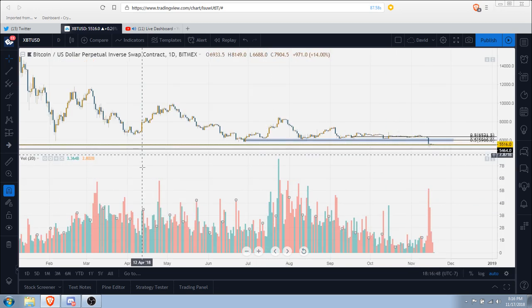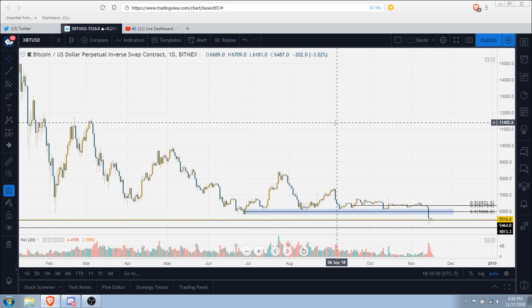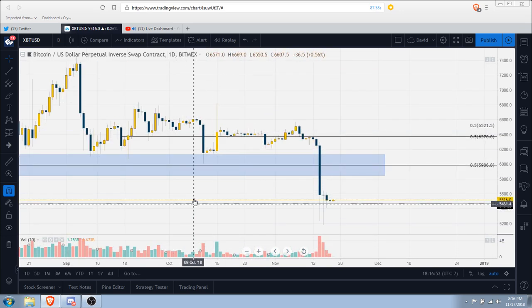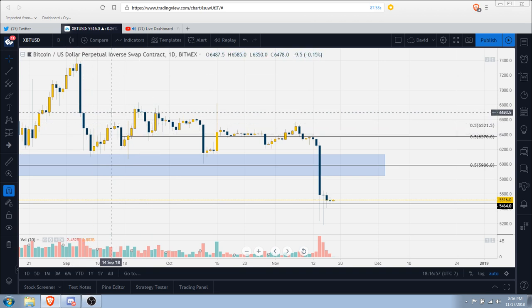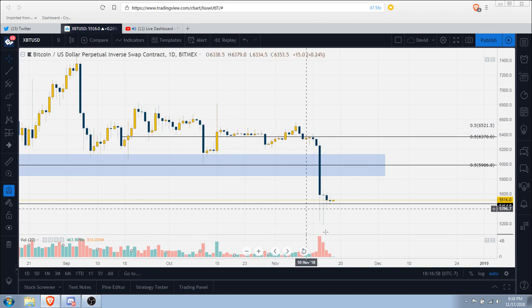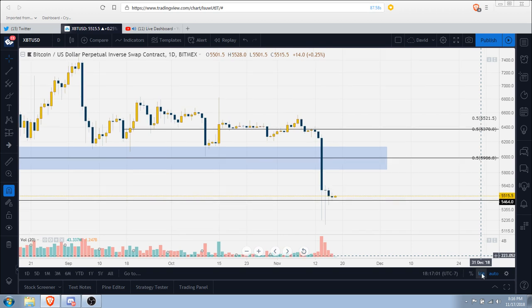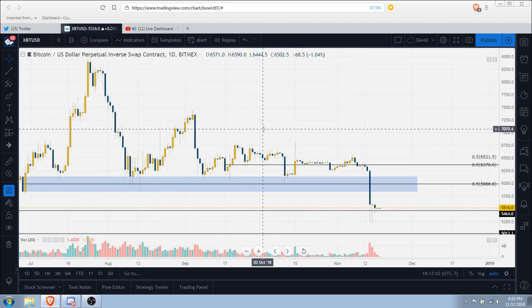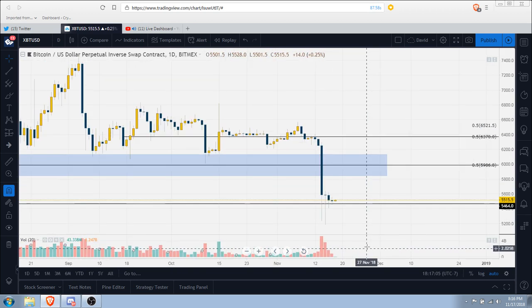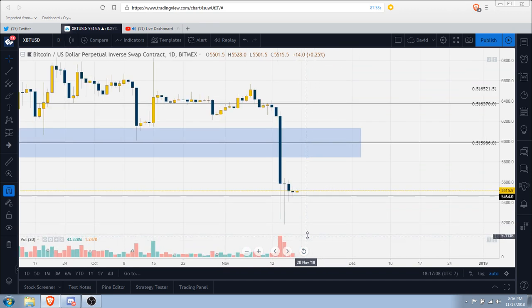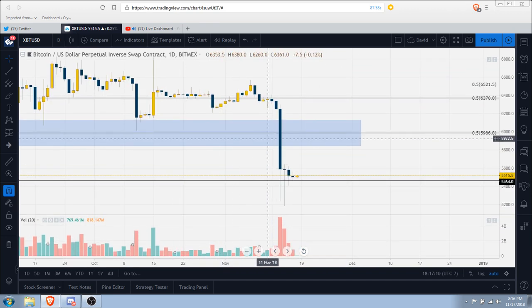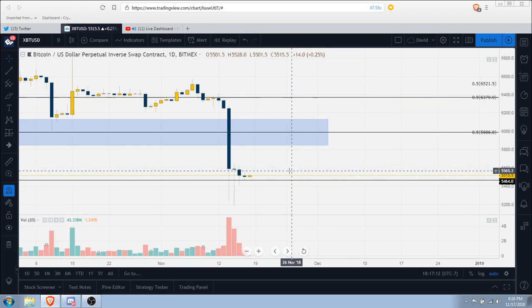There we go. That's what I meant to do. What that does is create a new area for your volume, so it's not relative to the chart anymore. It's absolute, kind of like a log versus auto scale. Just a little bit different. I find it helps. You guys can do what you want with it. Just a little trick that I like to use. So that's my first volume tip for you.